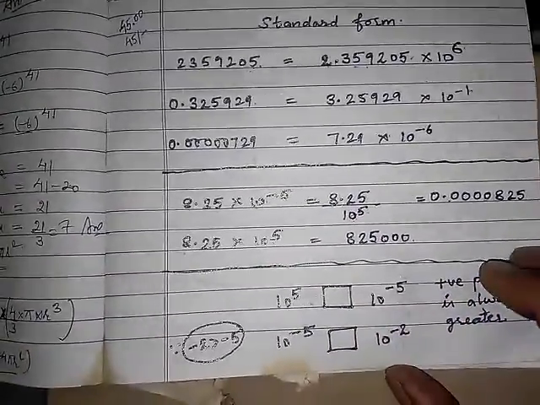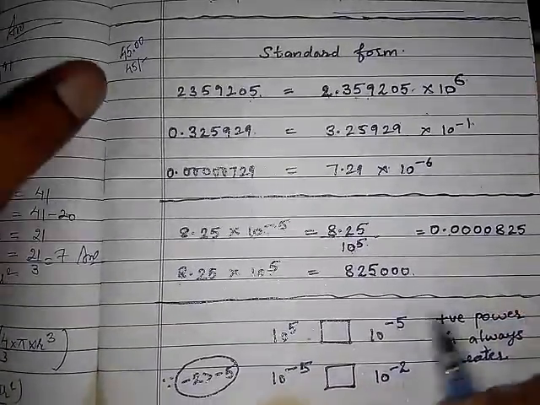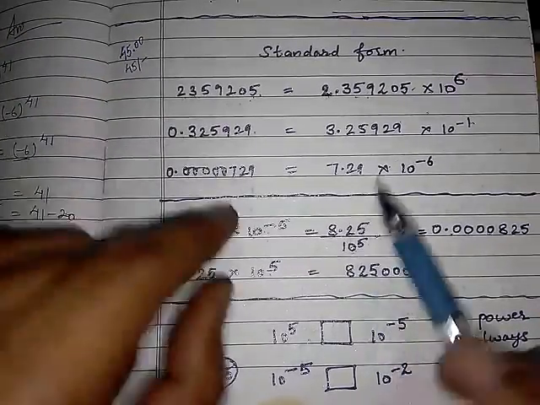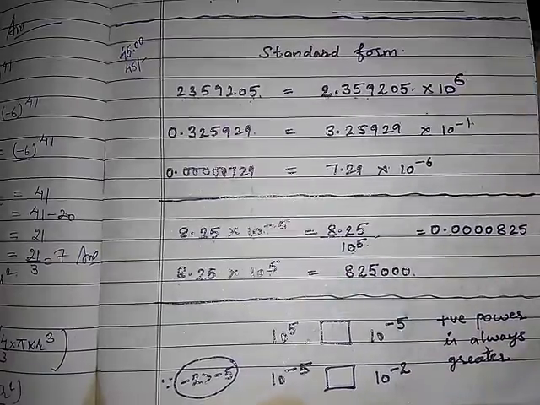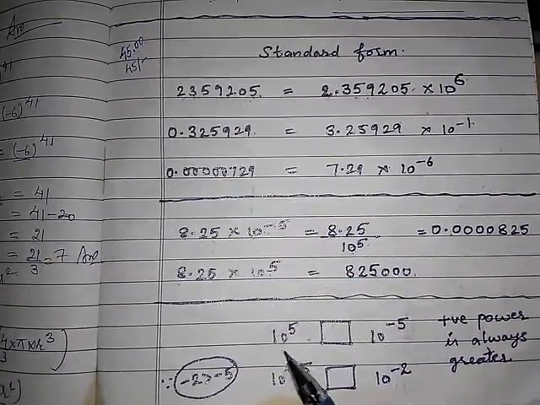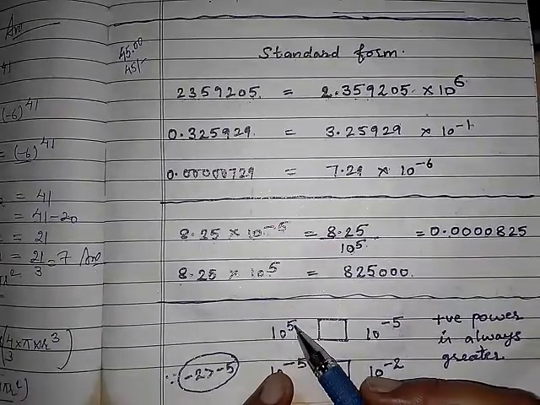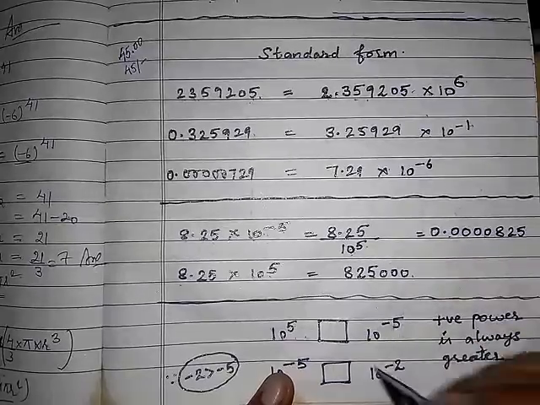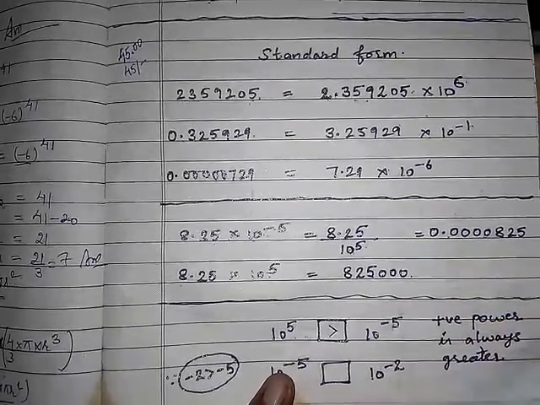Then in the processing, you will also get this type of question, which is greater, which is smaller. So whenever you have to compare the standard forms, you need to see the power of 10. So here we are comparing 10 raised to the power 5 and 10 raised to the power minus 5. So which one will be greater? This one will be greater. Why?